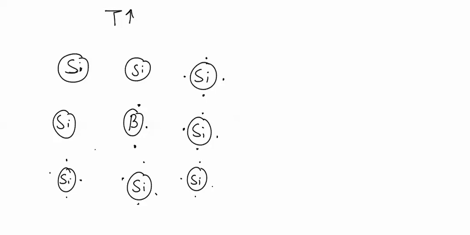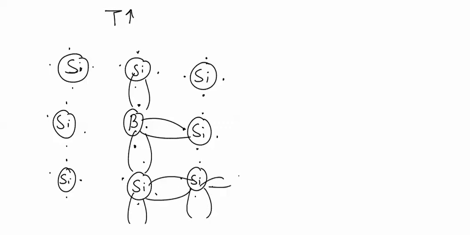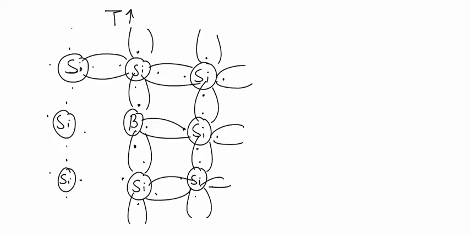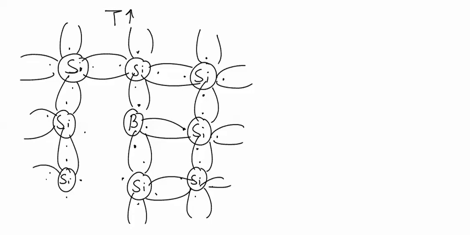With each boron atom, there are only three valence electrons, and all these three will be shared by adjacent three silicon atoms. The bond structure will look like this. There is one incomplete bond with each boron atom present in the material.